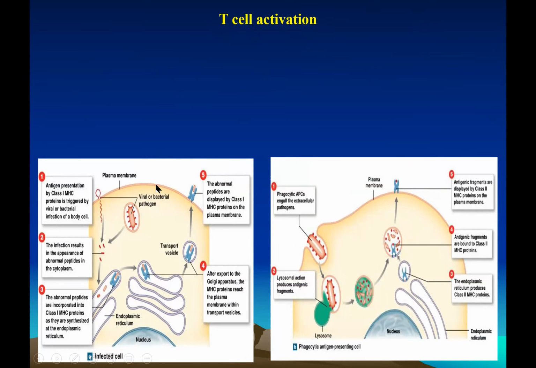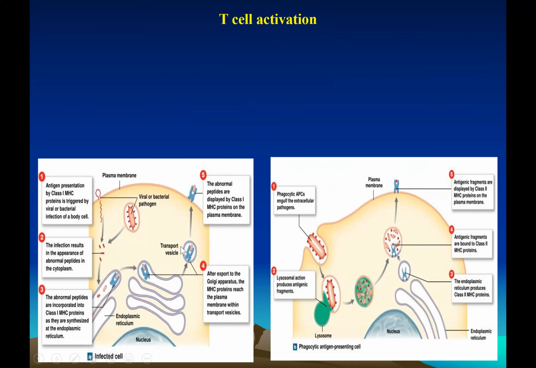So there are two ways it can happen. When a bacteria or virus infects a macrophage, let's say, the macrophage is chopping it up, and the endoplasmic reticulum will take a small piece of that polypeptide and package it in a protein called MHC, major histocompatibility protein class 1.